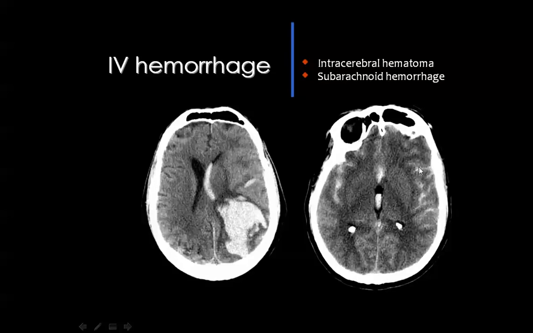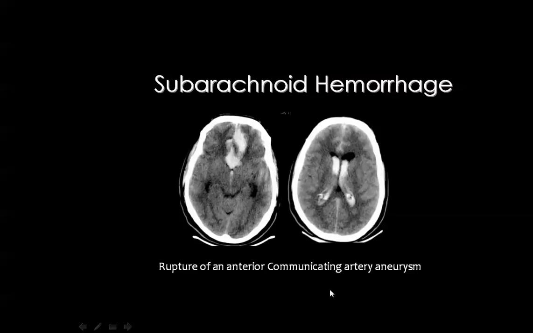Here you can see the subarachnoid hemorrhage in the cortical sulci and sylvian fissure, and you can also identify hemorrhage within the third ventricle. These are the two main causes of intraventricular bleeding: an intracerebral hematoma ruptured inside the ventricle, and a subarachnoid hemorrhage with backflow into the ventricular system.